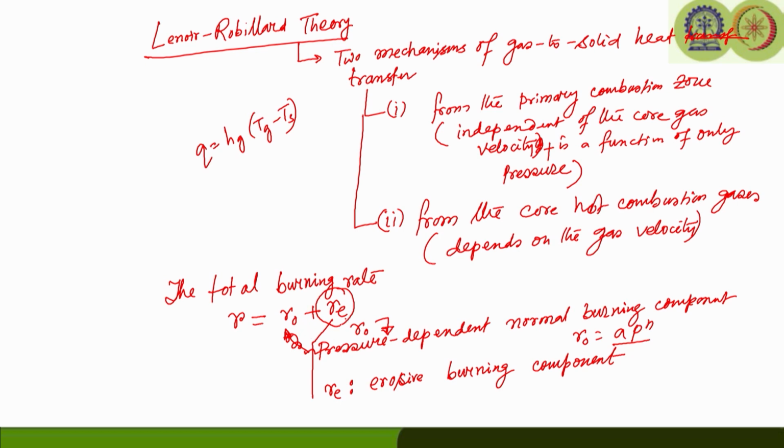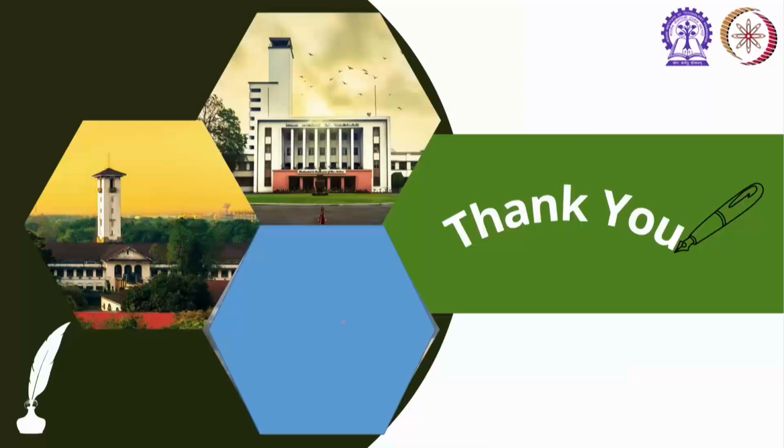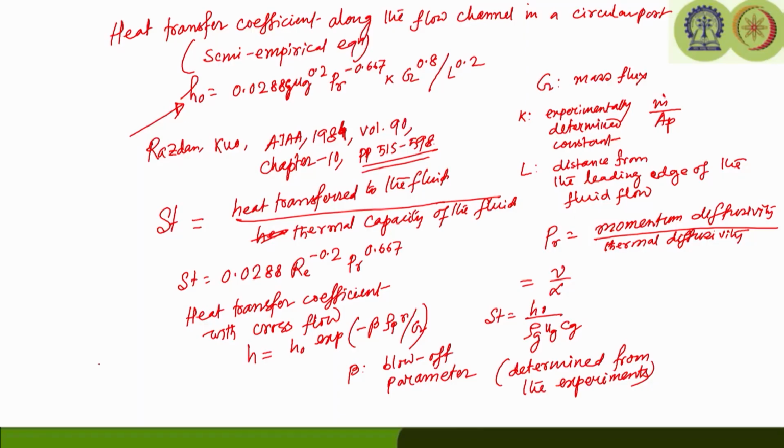Now, this equation was further given in terms of these parameters, so we can just write it here. This equation was further elaborated and it was given as R equal to, as we said already, R equal to R0 plus RE.